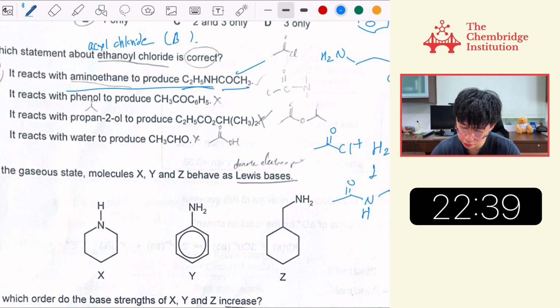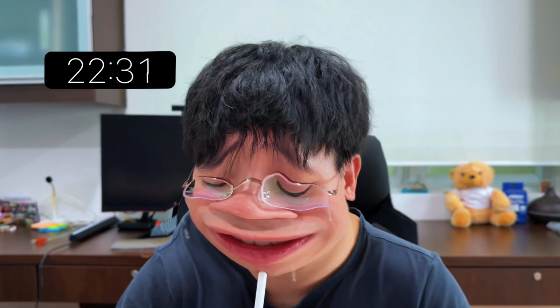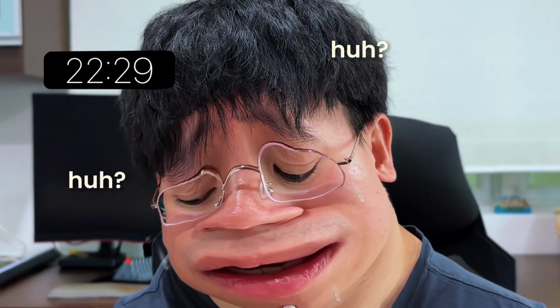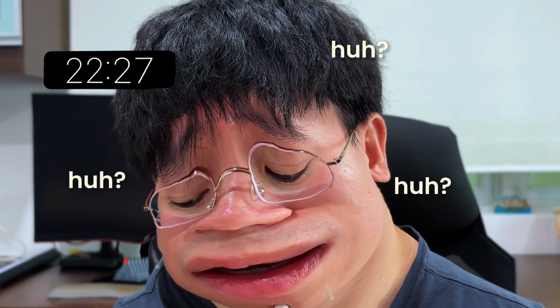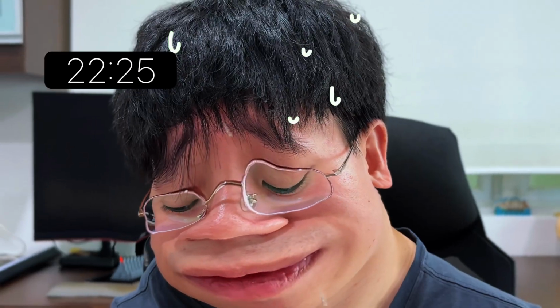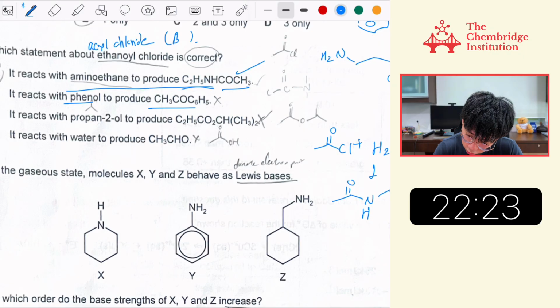Okay, let's look at others. Reacts with phenol to produce this. Wait, reacts with phenol. Oh, there's only one O here. Yeah, it can't be. It has to be an ester. So this is definitely wrong. Okay, reacts with propan-2-ol to produce this.